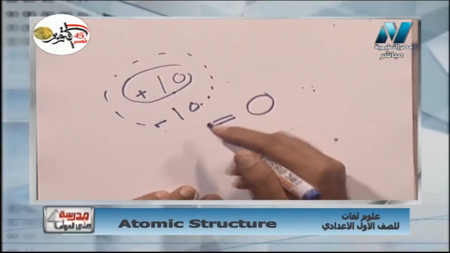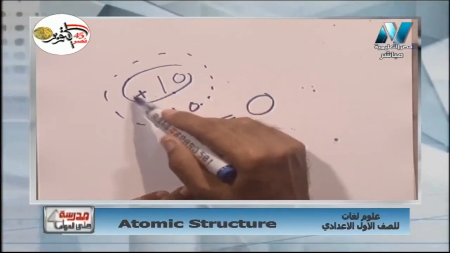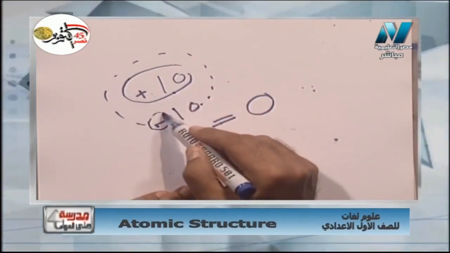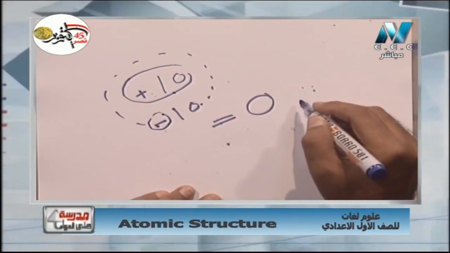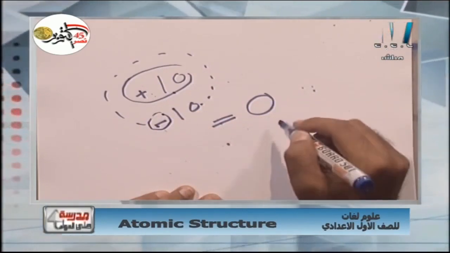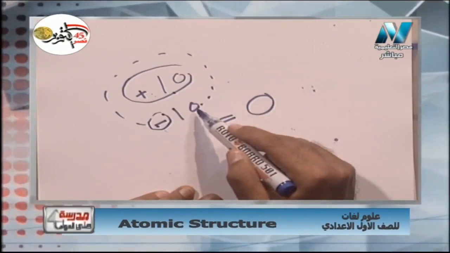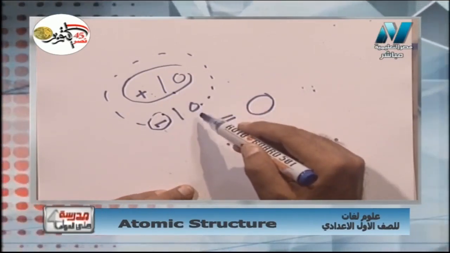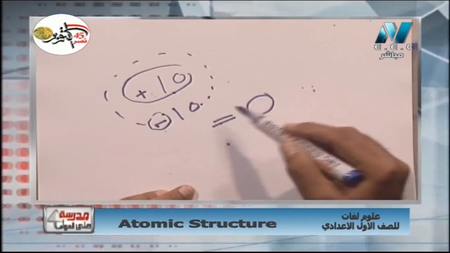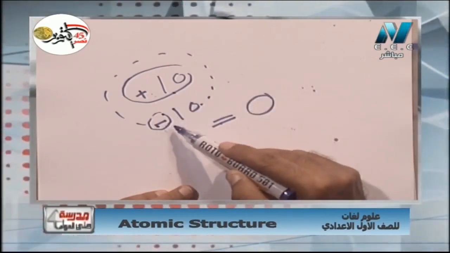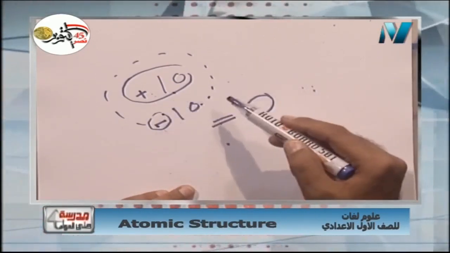Why? Give reason: because the number of positive protons equals the number of negative electrons. If it is an atom, it means that the positive protons equal the negative electrons, so it is electrically neutral. But if the electrons are less than protons, it's not an atom.